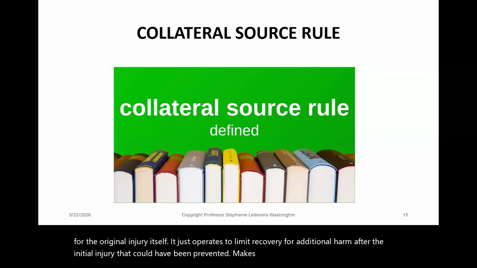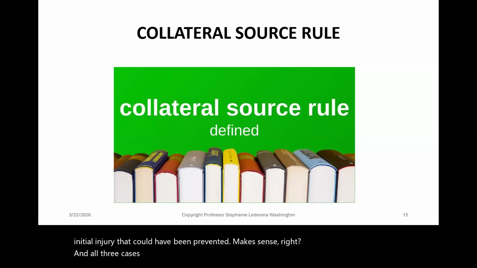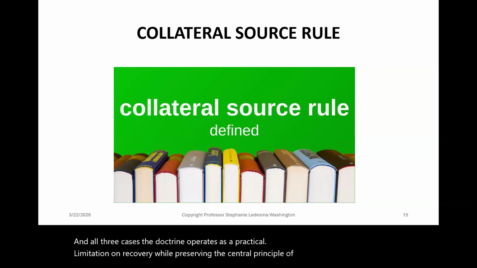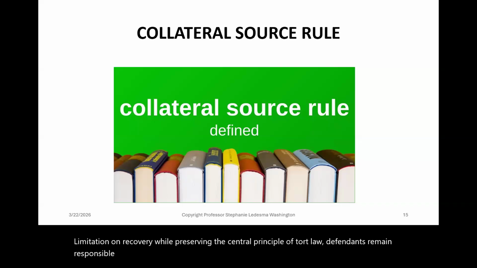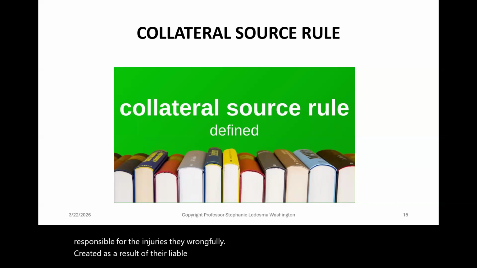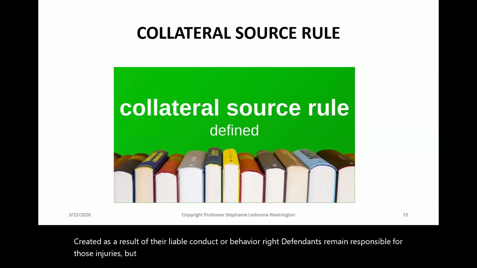In all three cases, the doctrine operates as a practical limitation on recovery while preserving the central principle of tort law. Defendants remain responsible for the injuries they wrongfully created as a result of their liable conduct or behavior, right? Defendants remain responsible for those injuries, but any injuries after the fact that could have been reduced or avoided become the responsibility of the plaintiff.